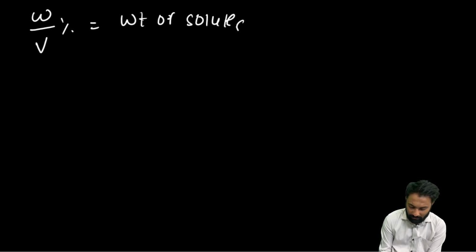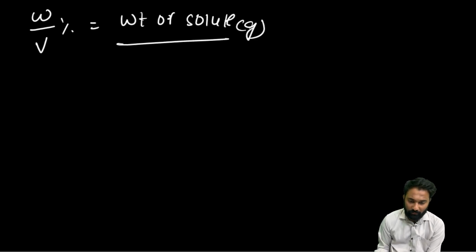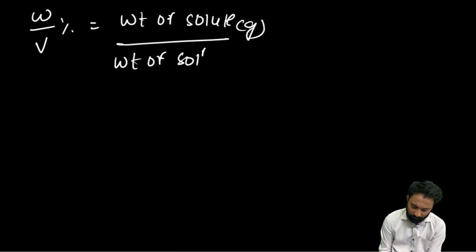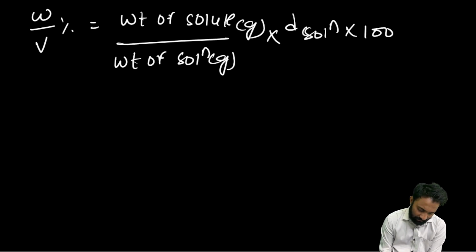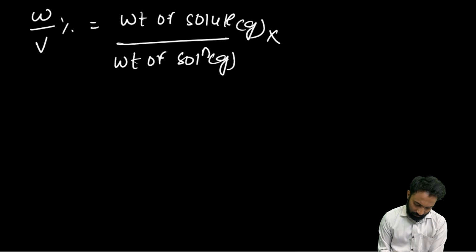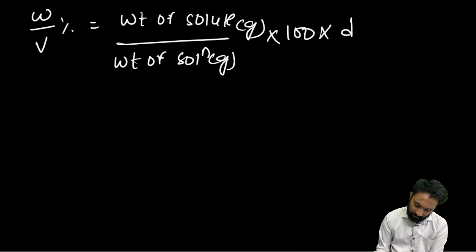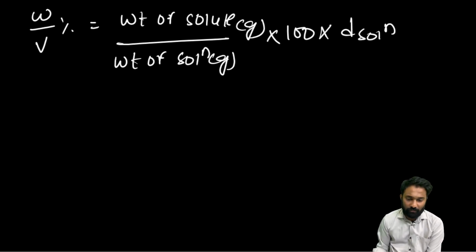Now W by V percentage will be equal to weight of solute in grams by weight of solution in grams into 100 into density of solution. Clear?